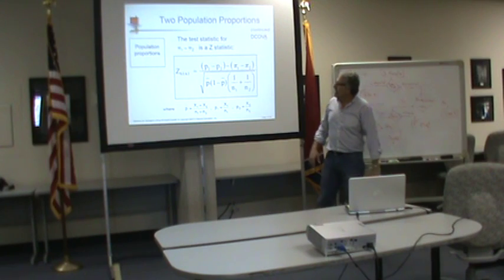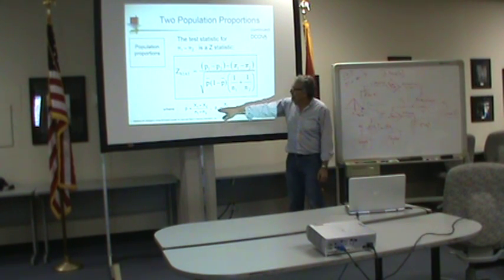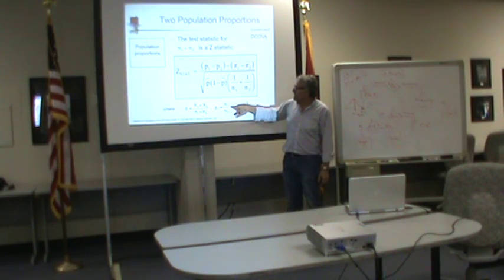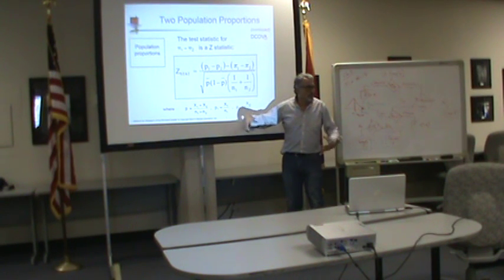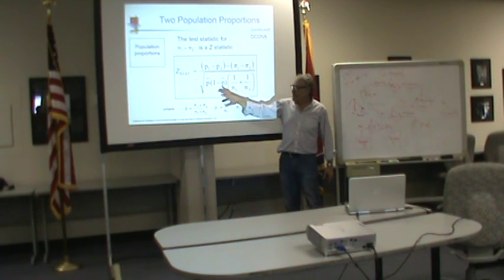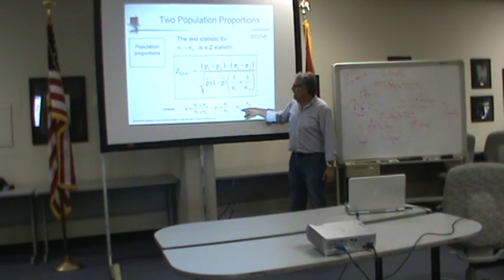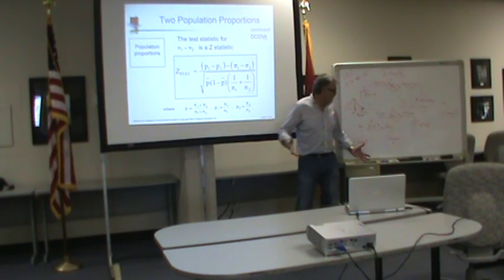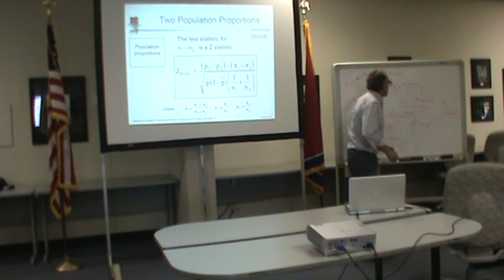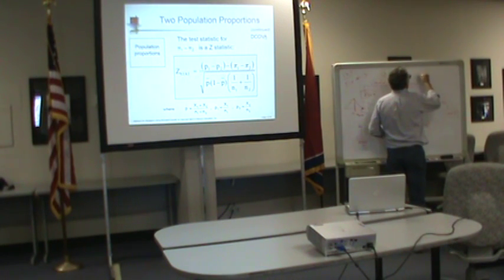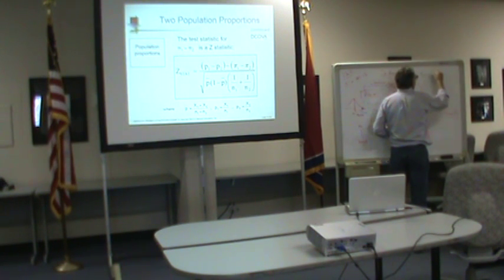Well, look, if we've made a sample measurement, there isn't any degree of freedom, if you will, in the variance here, right? The variance is calculated from the proportion. Back in chapter 7, the standard deviation for the population proportion is the square root of pi times 1 minus pi over n.